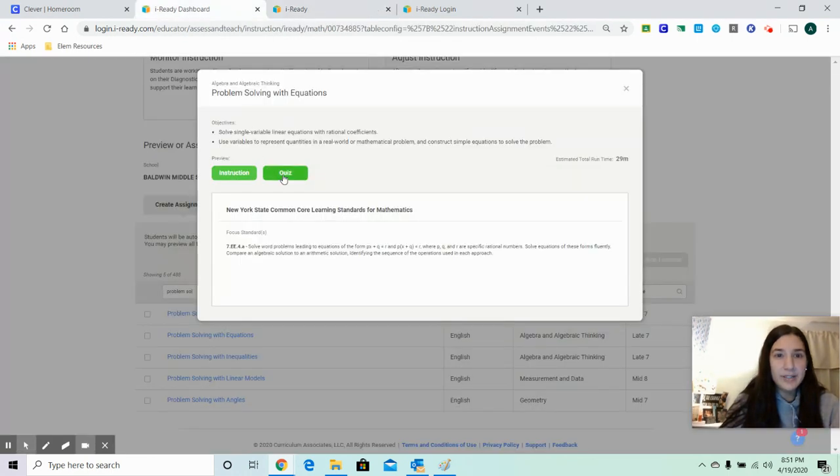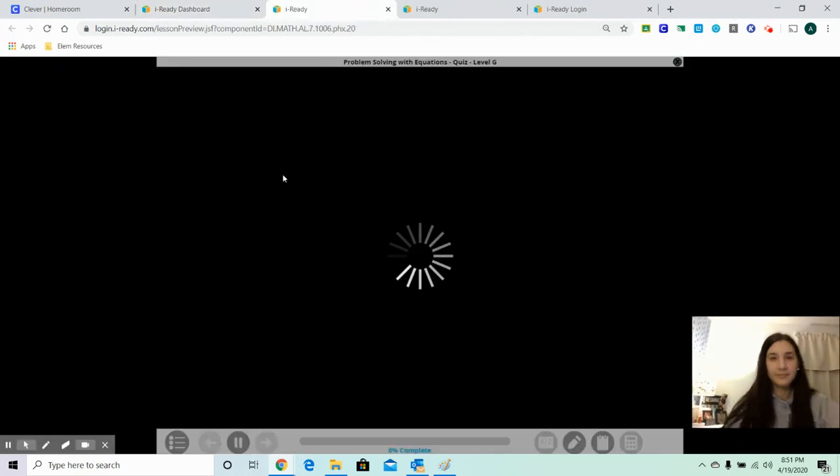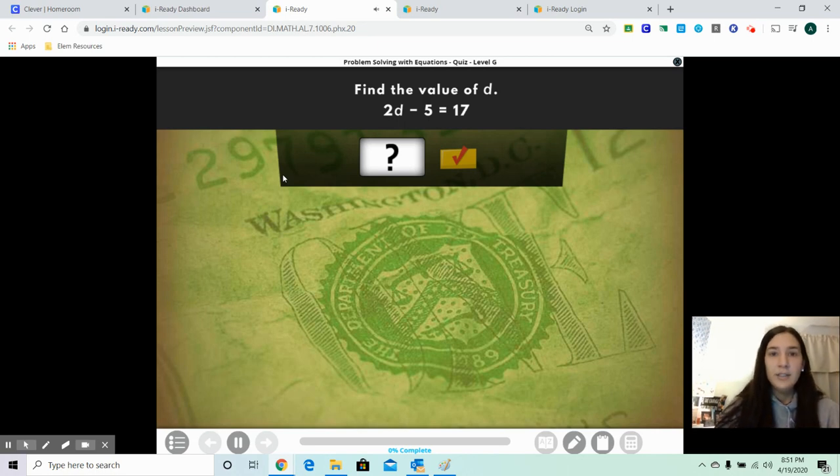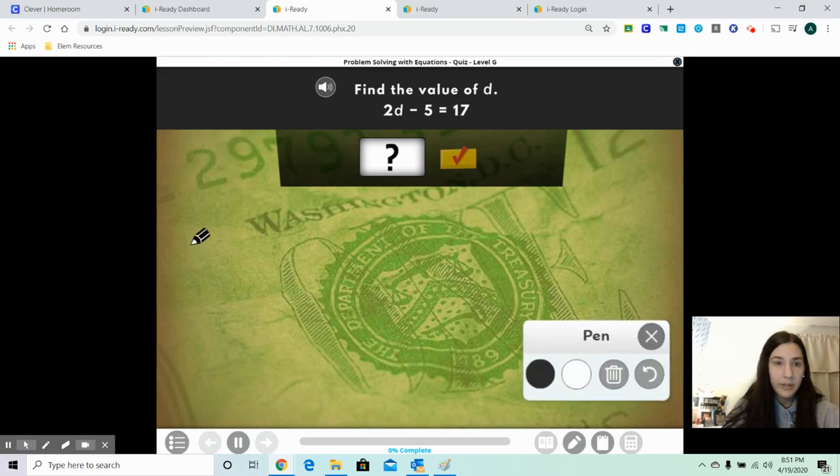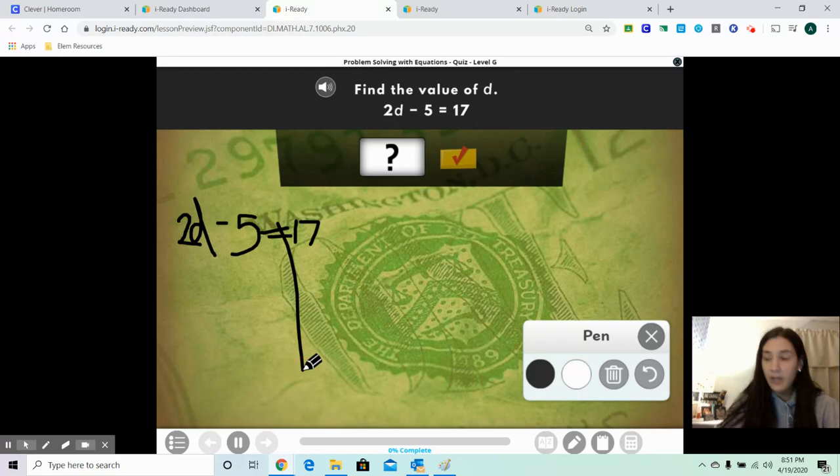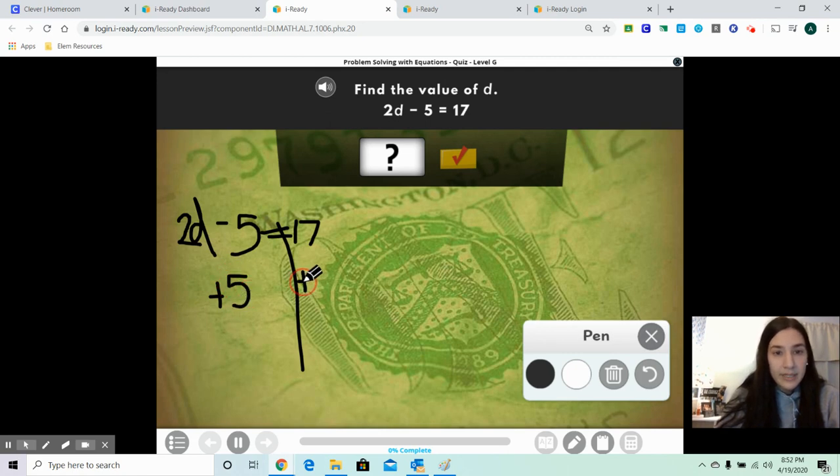Okay, let's take our quiz. Find the value of D. Okay, so I'm going to write right on here. We have 2D minus 5 equals 17. Okay, draw our scale line. We're going to add 5 to both sides. 17 plus 5 gives us 22.